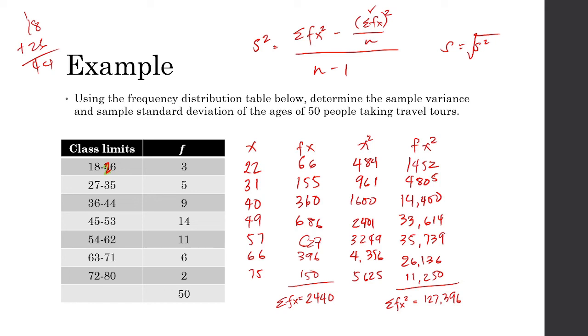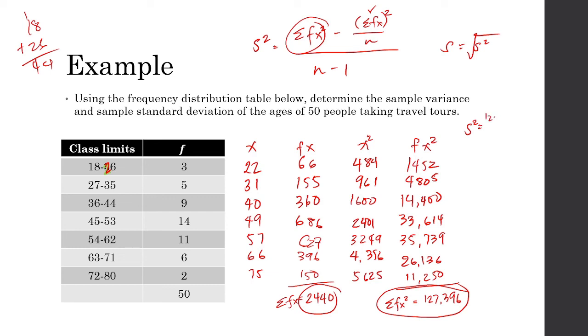And in that, we just need to plug in all of this to our formula in here. So our fx squared will be this one. And our summation of fx will be this 2,440. So in the formula, s squared will be, ay hindi kasya.